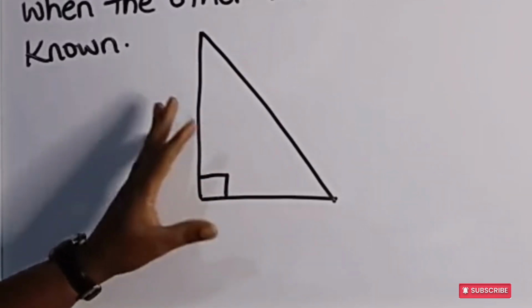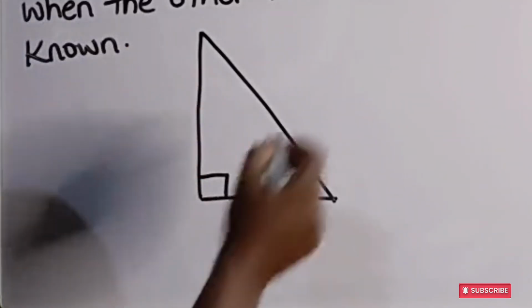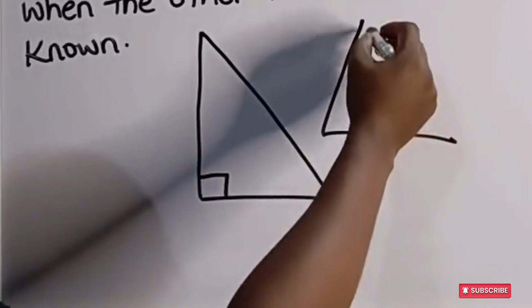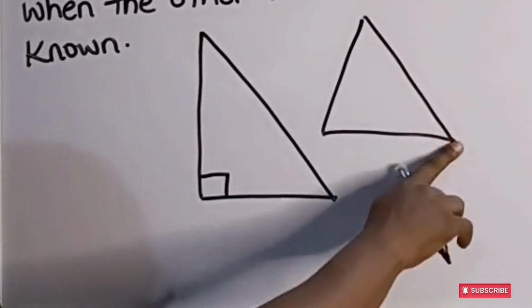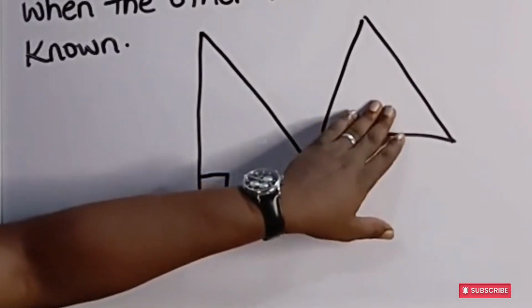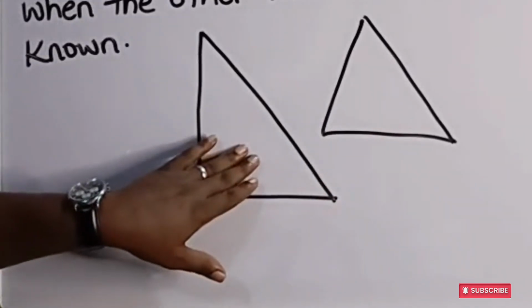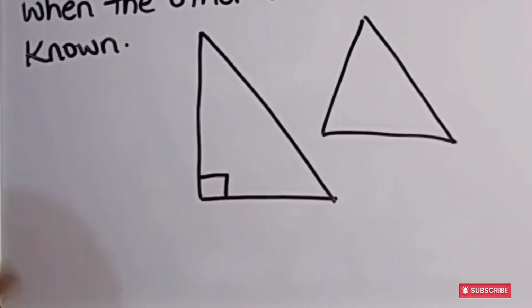So Pythagoras theorem is used for this type of triangle. If you have a triangle in this form, this is not a right angle triangle because none of its angles is equal to 90 degrees. So you cannot use Pythagoras theorem for this type of triangle. Okay, so you only use Pythagoras theorem for this type of triangle.